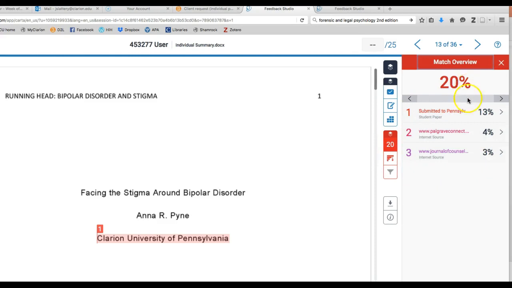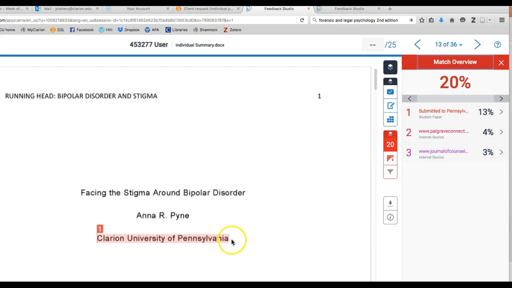This says that 13% of her paper can be found in other student papers submitted to the university. 4% is similar to this source here, and 3% related to Journal of Counseling.